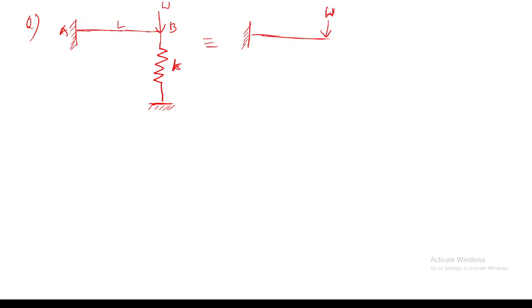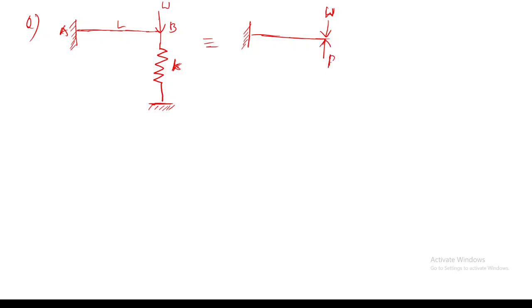You have a vertical shear force acting downwards at point B. And due to this, what happens? The spring gets compressed, right? Yes, sir. So due to this compression, it exerts an upward force on the beam.